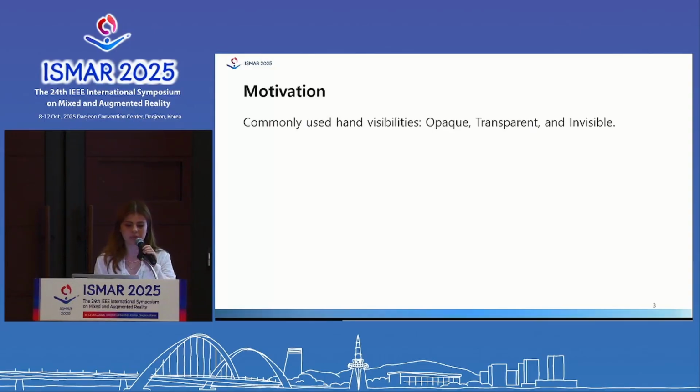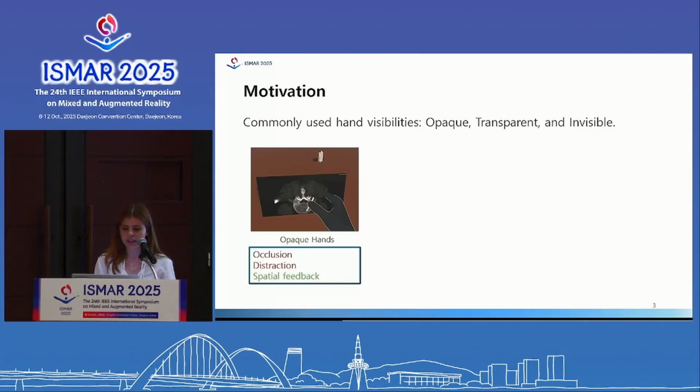There are some commonly used hand visibilities, which are opaque, transparent, and invisible, and each of them has advantages and disadvantages. For instance, opaque hands provide complete spatial feedback to users regarding their hand position. However, they occlude the interacted objects, which can cause distraction.